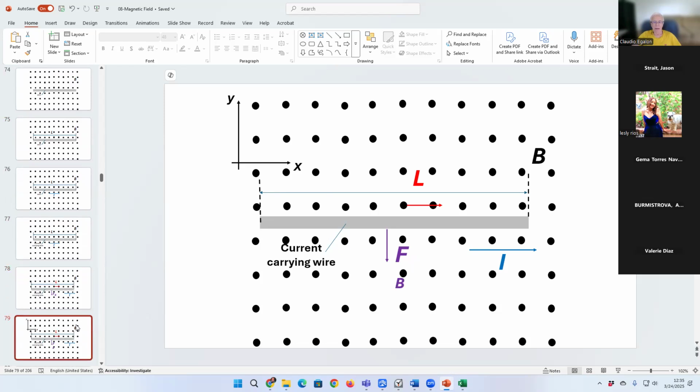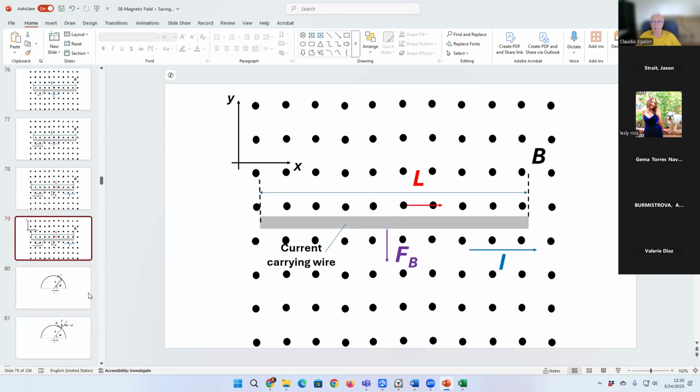Go, magnetic force. Now we can start talking about the equation that allows us to find out the force applied to this wire.